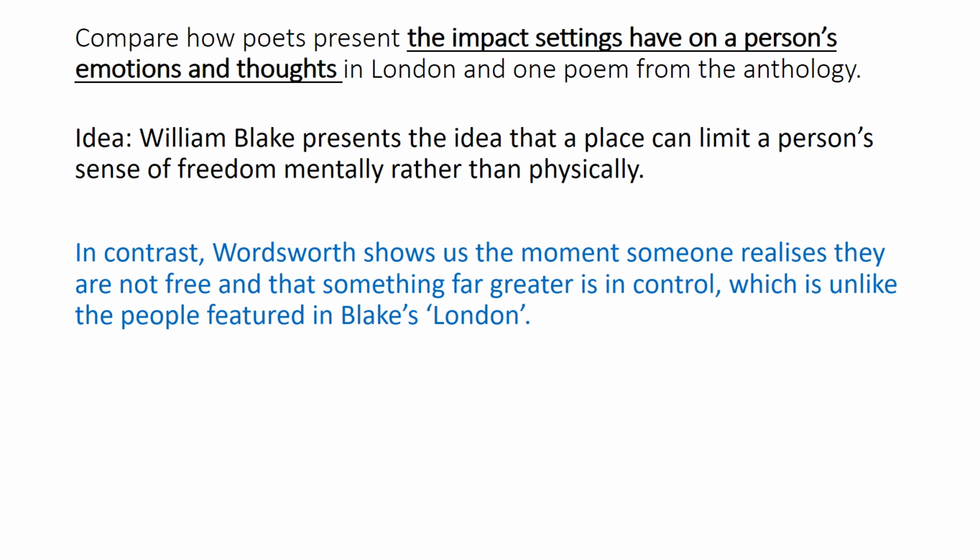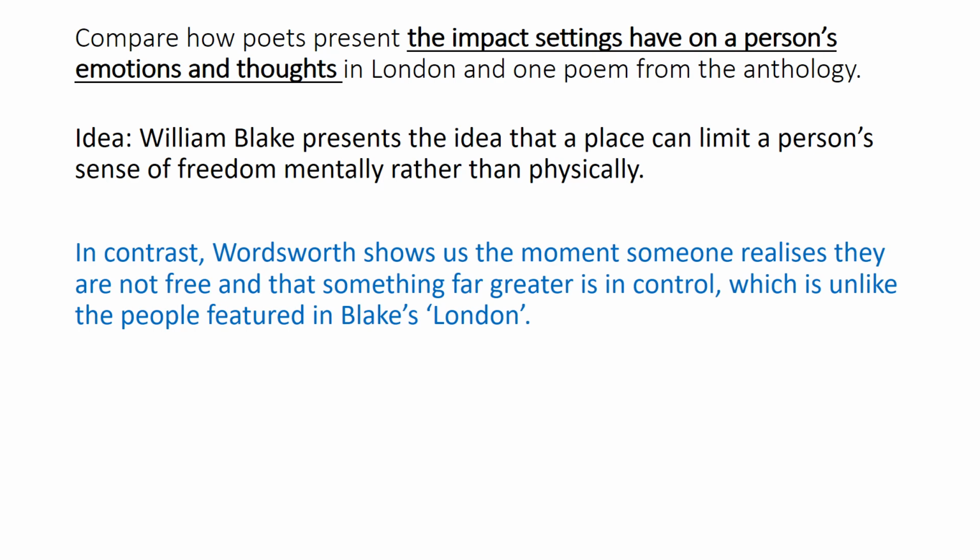So we're saying that William Blake presents the idea that place can limit a person's sense of freedom. If we look at the prelude, what we could say, well, it's actually quite different, because in the prelude it's about somebody realizing that they're not free and that there's something greater in control. Now London is about an outsider coming into London and seeing that these people are trapped, and it's the way of their thinking.